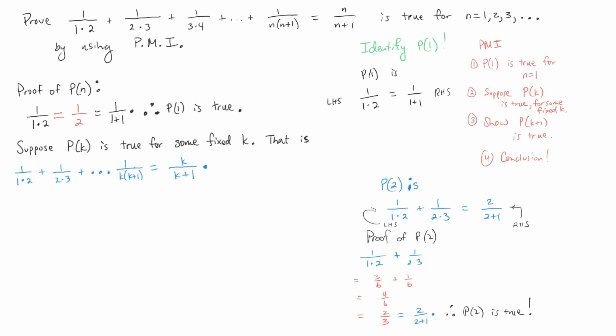The other thing you want to do now is identify P of k plus 1. So notice I identified P of 2 for you. Then I identified P of 1 for you. Eventually, you've got to be able to read this and identify the statement P of k plus 1. We need to make some room here. Let's identify P of k plus 1.